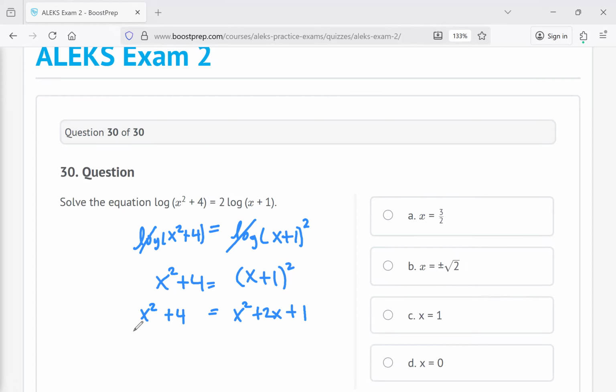And then you're going to get one side 0 by subtracting x squared, and then subtract 4. So I get 0 equals 2x, and then 1 minus 4 is -3. Solve for x, you're going to add 3, you get 3 equals 2x. Divide this by 2, and you get x equals 3 halves. Letter A.